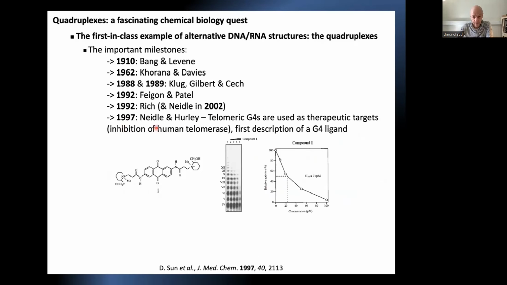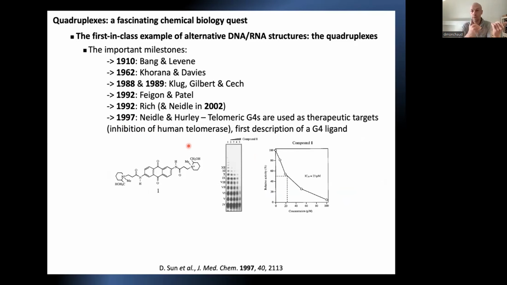In 1997, Neidle and Hurley described the first molecule to interact with quadruplex, and the idea was that quadruplex can form in the telomeric sequence because telomeres are rich in guanine, and the guanines are not randomly distributed in the sequence. These are blocks of 3 guanines, so this sequence is highly prone to fold upon itself to form a quadruplex.